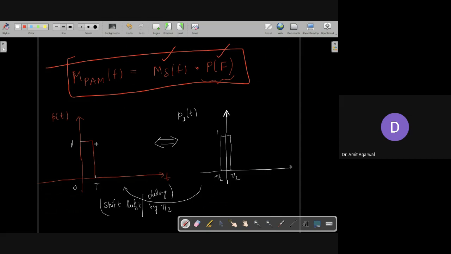So if you took the pulse as a rectangular pulse, you know the relation of sinc and rectangular function. Yes sir. Okay, so if you remember, this is the pulse whose spectra is a sinc, right?